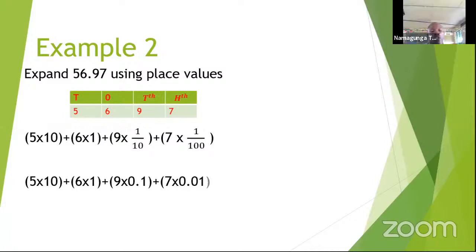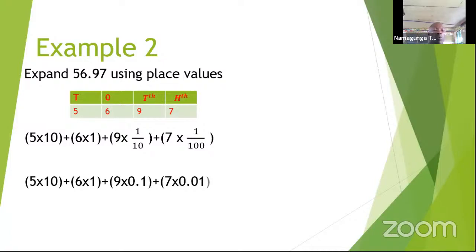Thank you very much. So in the first step, basing on the place value table that we have there, you can see that the place value of each digit is indicated, and that's what you have to do in the exercise that you have there.